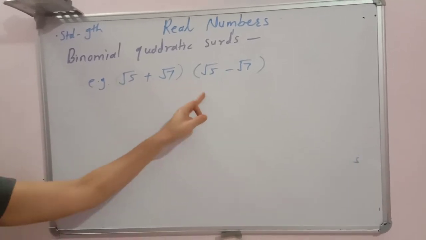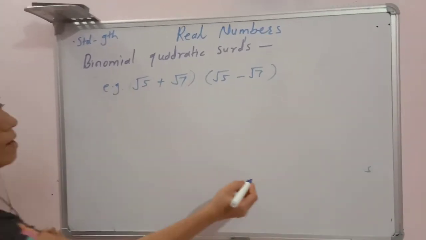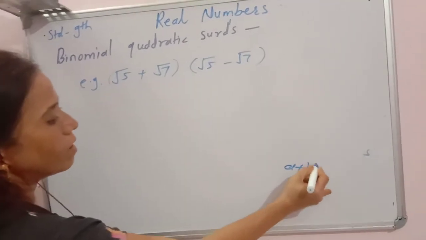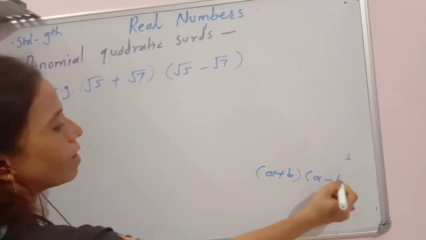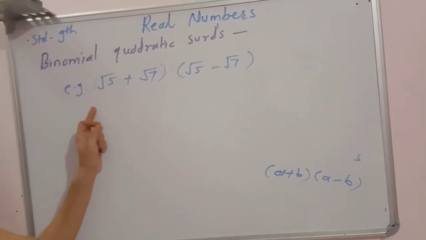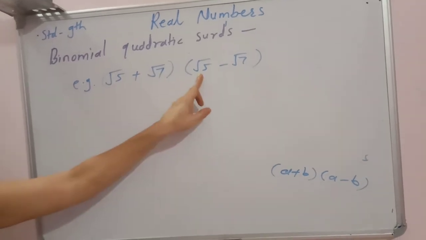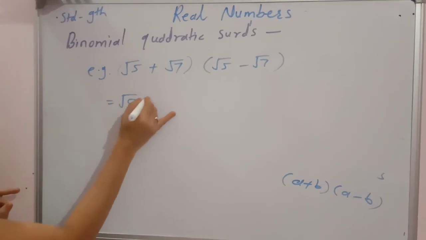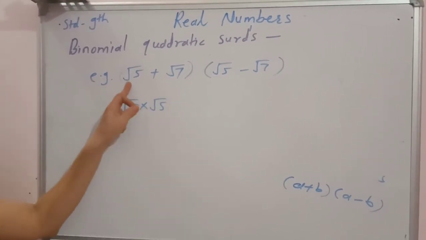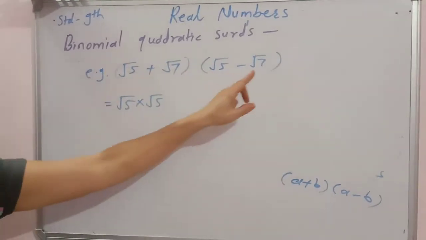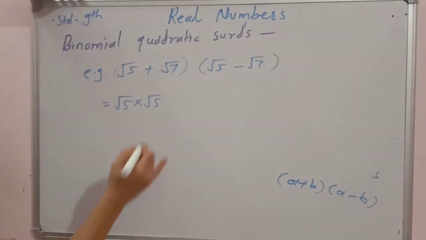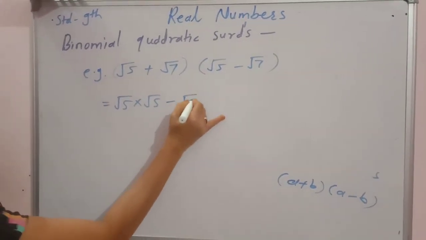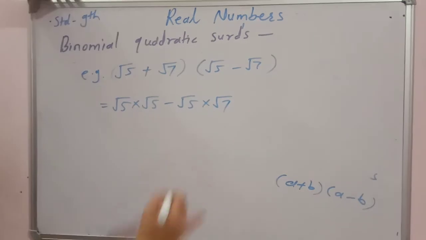You know the product of these two: a plus b in one bracket and a minus b in another. You can directly write it down, but I will explain. Root 5 multiplied by root 5, then root 5 multiplied by the next term, that is minus root 5 multiplied by root 7.